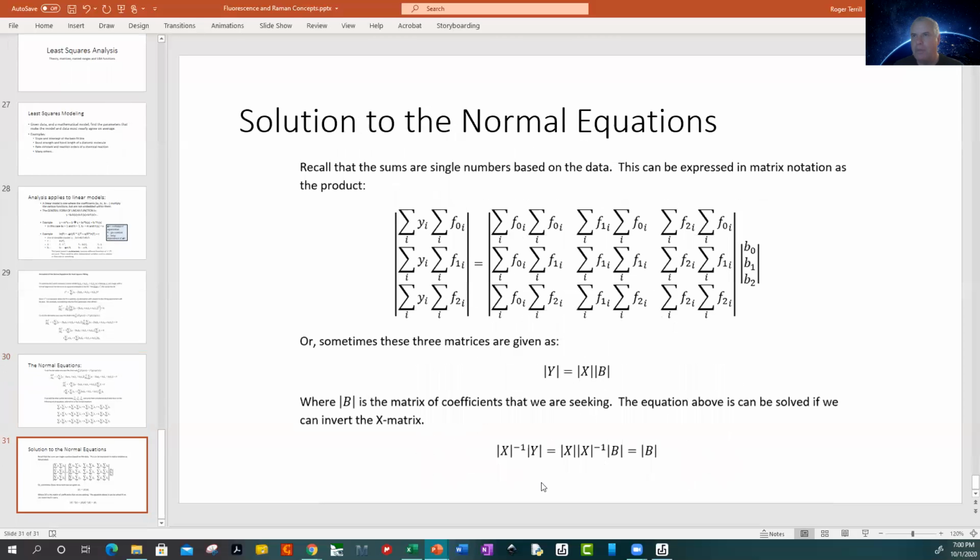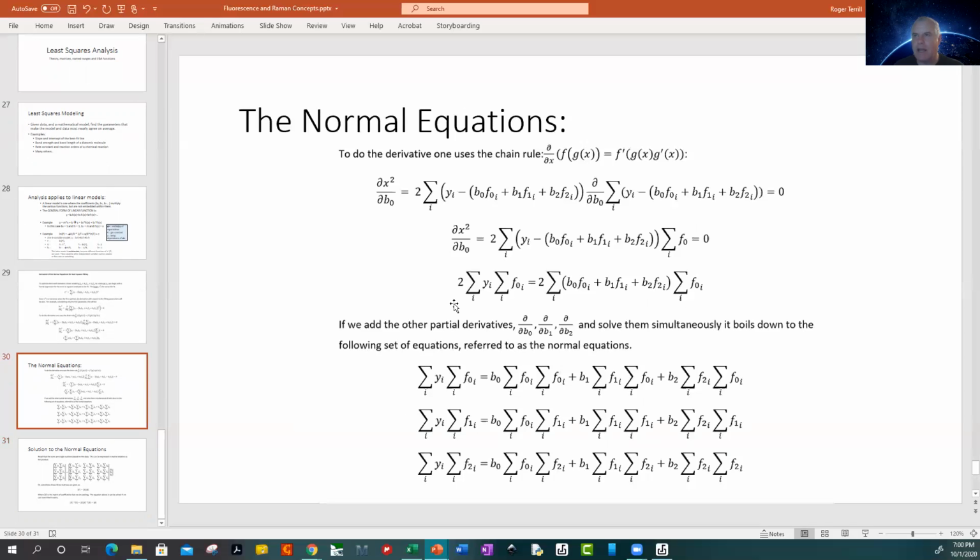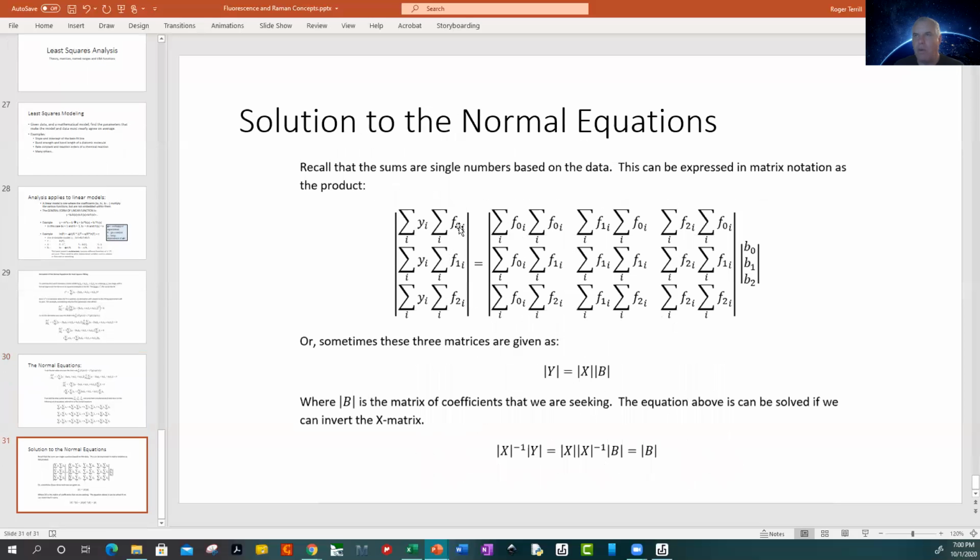So, Luke, here is what this looks like in matrix math. We've got YF, YF, YF. These sums, this matrix of 3 values here, is equal to the Y matrix. There are 9 values here and 3 values here.